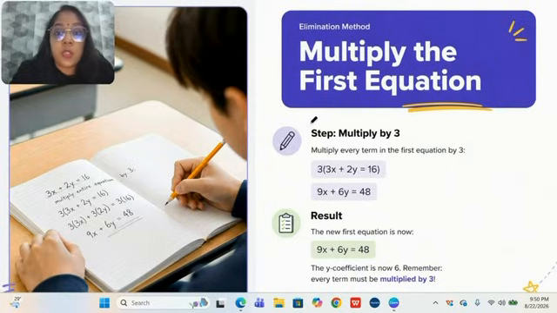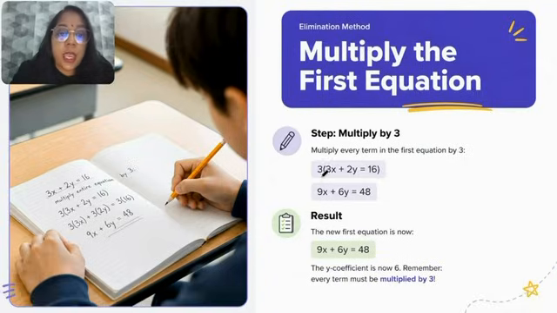So we want to multiply the entire equation by 3. So we write 3(3x plus 2y) equals, it's supposed to be not 16, it's supposed to be 3(16).